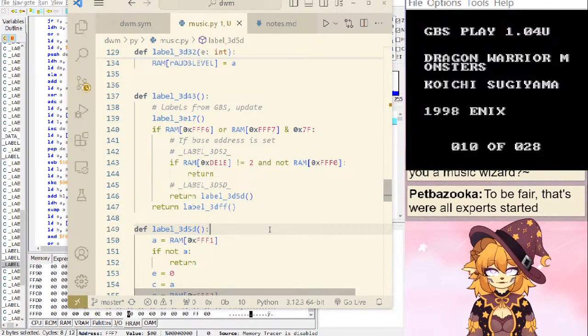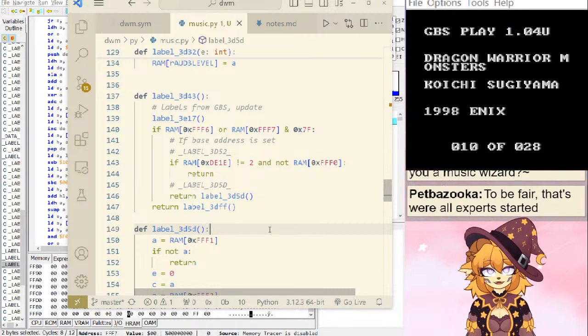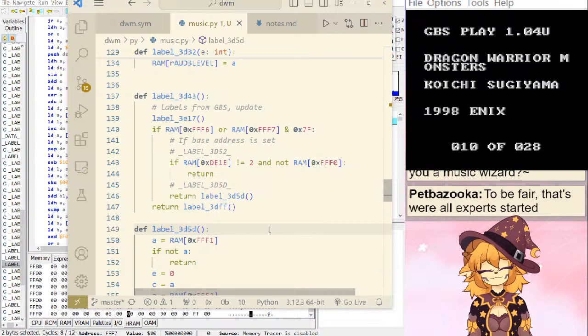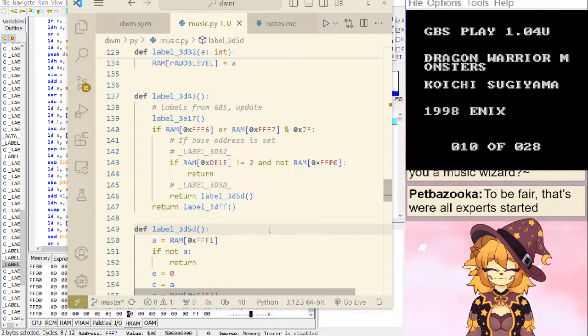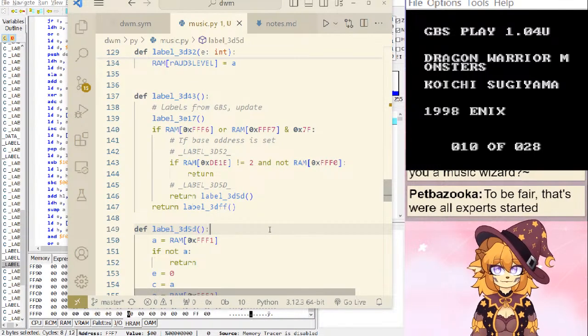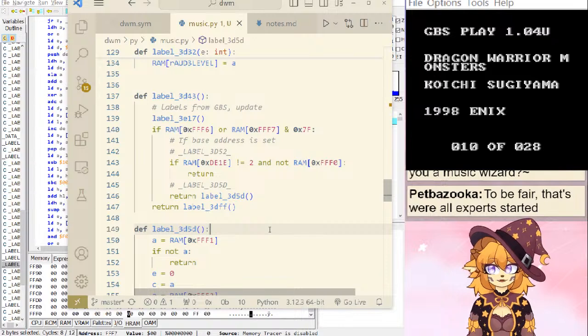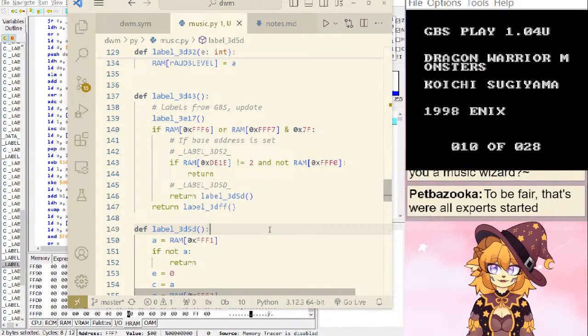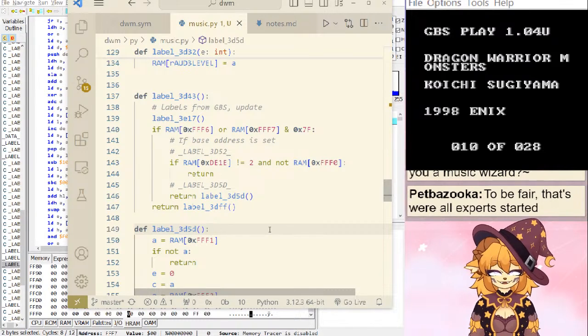Yeah, should be good. To be fair, that's where all experts started. Yeah, of course, of course. I do hope to get better at it, but I haven't invested a whole lot of time in it yet. I took a class on it once, and then I haven't done much since.